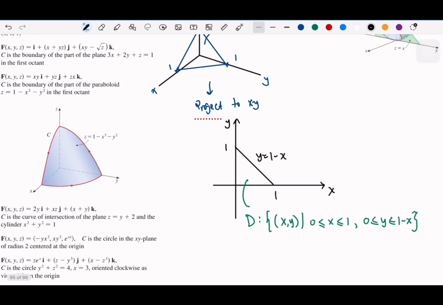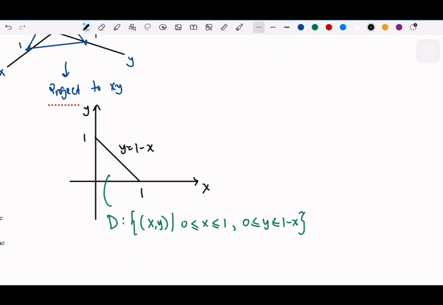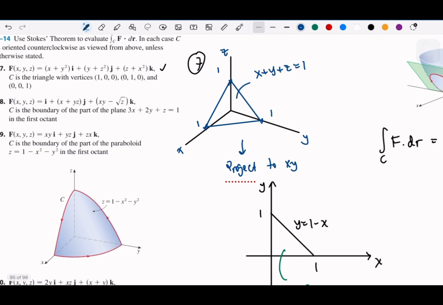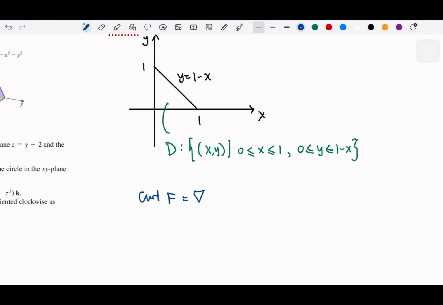Okay, so we can write down, so this is number 7. We can write down the line integral F dot dr is equal to the surface integral of curl F dot dS. Oh, we haven't computed the curl, so compute the curl. Curl F is, this is del cross F. It takes so much time.